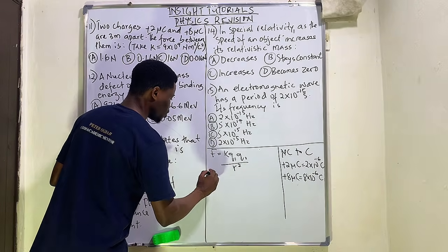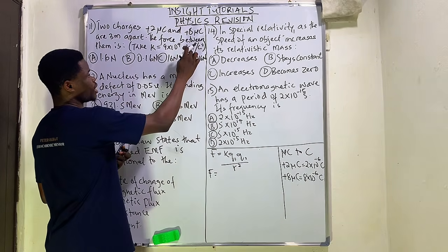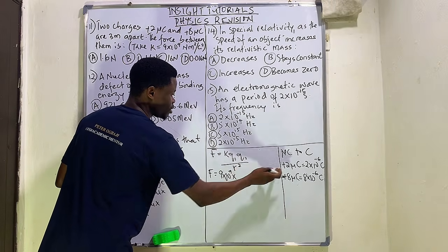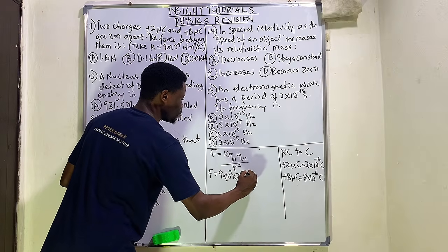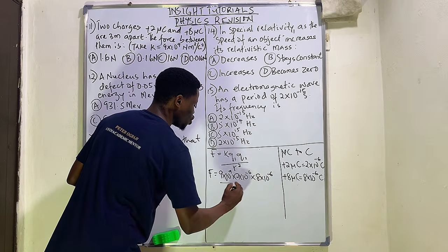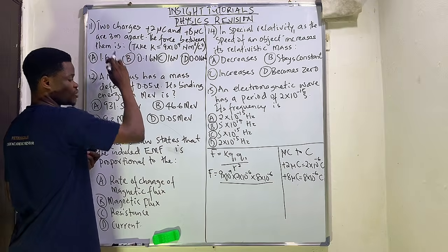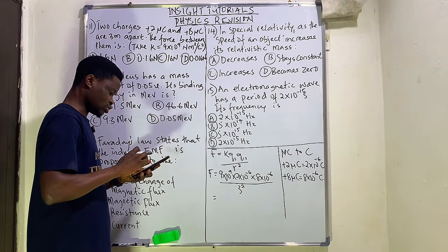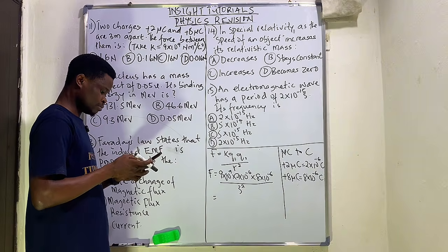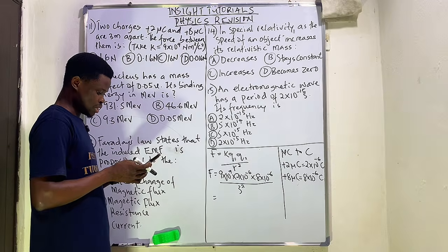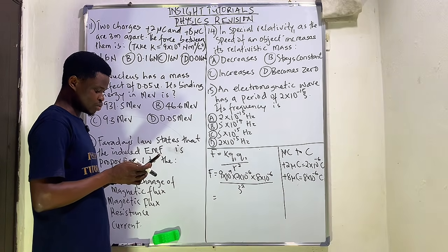So we're going to solve this right now. Force equals the constant you are given, 9 times 10 raised to the power of 9, times the first charge, 2 times 10 raised to the power of -6, times the second charge, 8 times 10 raised to the power of -6, all over our given distance, 3, squared. Multiplying this out, 9 times 10 raised to the power of 9 times 2 times 10 raised to the power of -6 times 8 times 10 raised to the power of -6, all divided by 3 raised to the power 2.